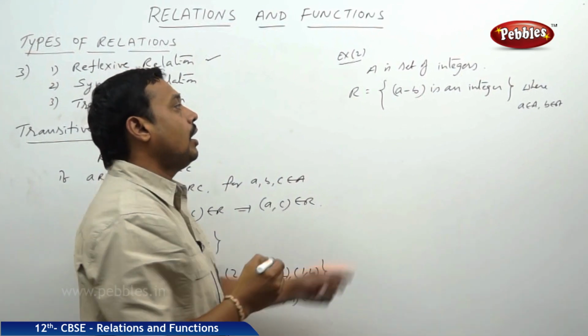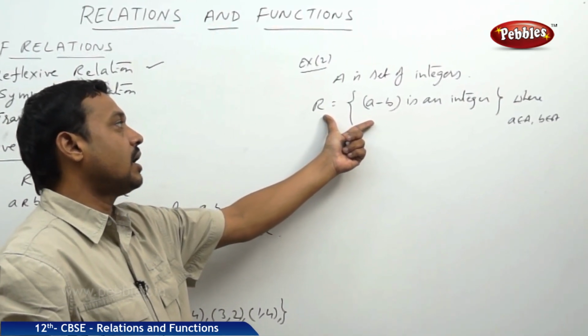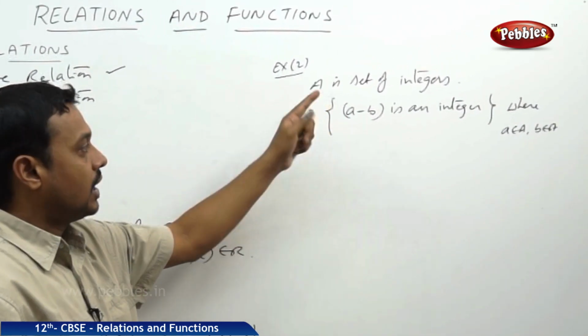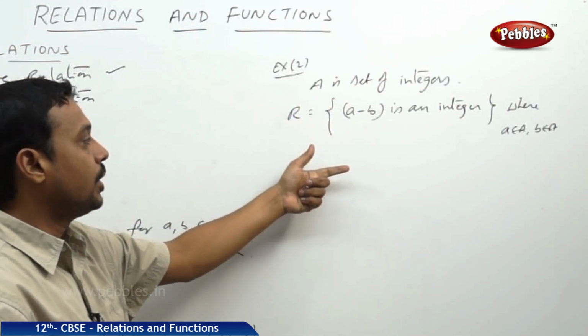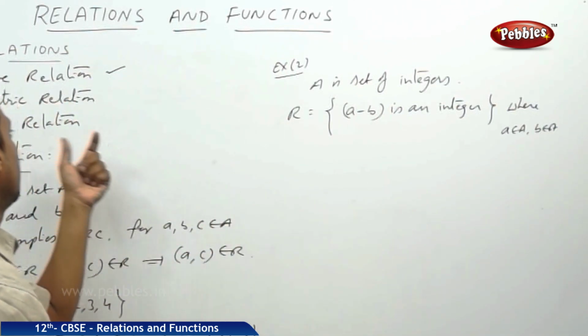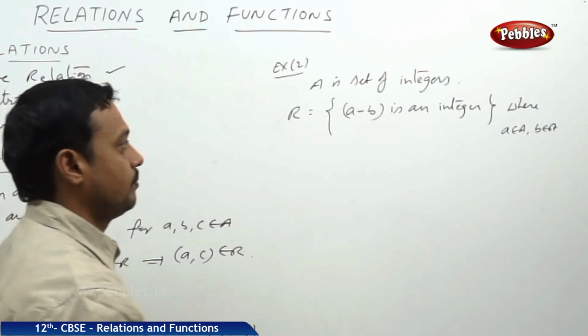Okay. Now, earlier we verified this R is a reflexive relation and a symmetric relation. Now we are going to verify whether it is a transitive relation.